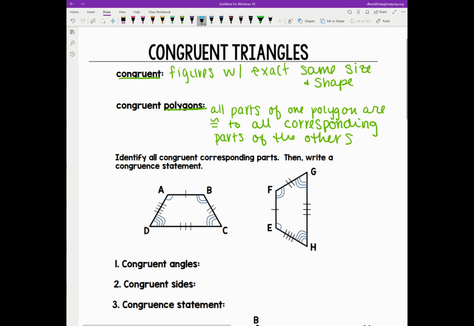And again, when we're talking about the parts, we're talking about sides and angles.